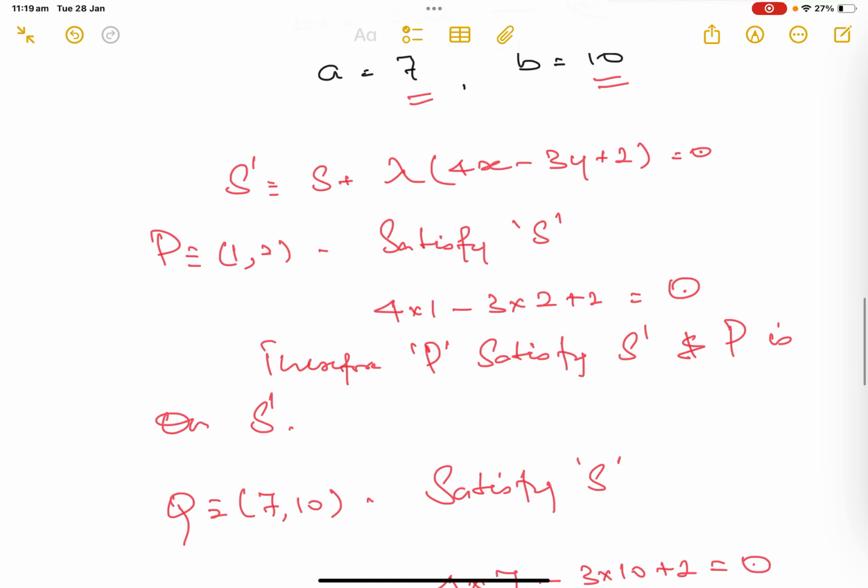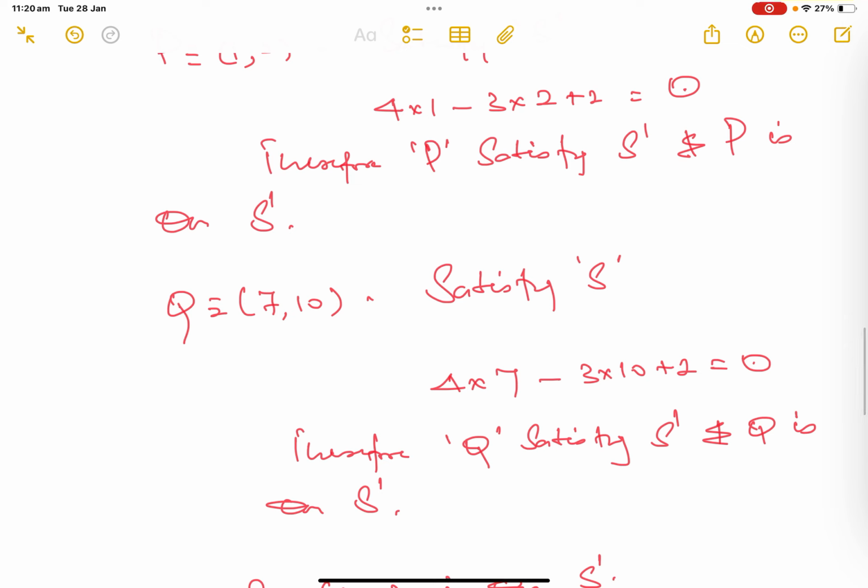So P is (1, 2). If we substitute the x and y values, 4 times 1 minus 3 times 2 plus 2. So 4 times 1 is 4, minus 3 times 2 is 6, so minus 2, and plus 2 is 0. So P satisfies S dash.